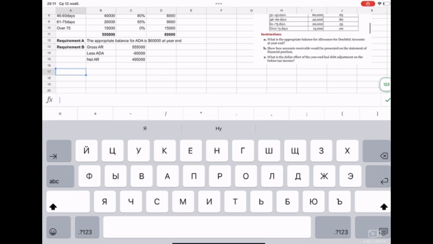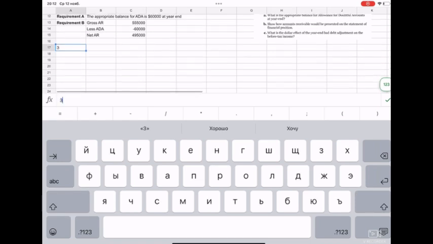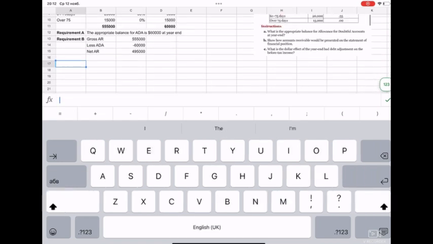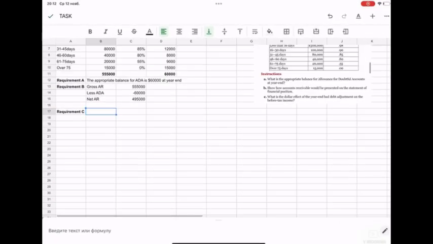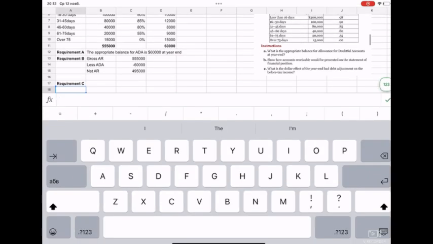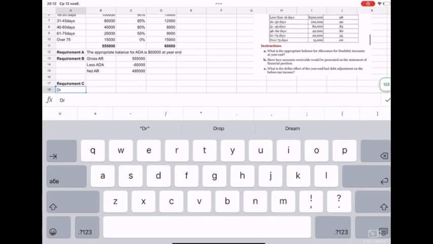We have to debit bad debt expense, which is equal to 60,000 minus 40,000, which is 20,000, and we have to credit that. So I wanted to explain this to you.